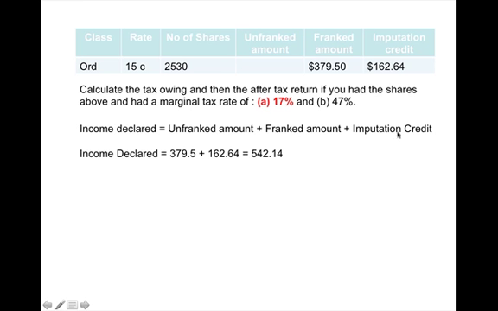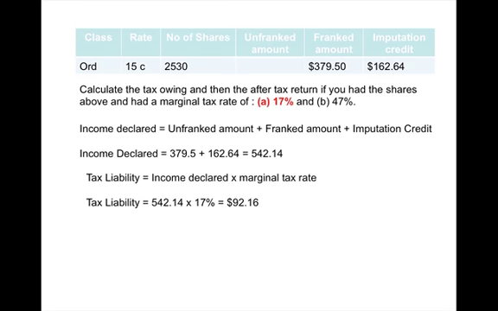So it's that amount there, add that amount there, add that amount there. Now in our case, we haven't got any unfranked amount. So our income declared is $379.50, add $162.64, which gives you $542.14, which is pretty cool.